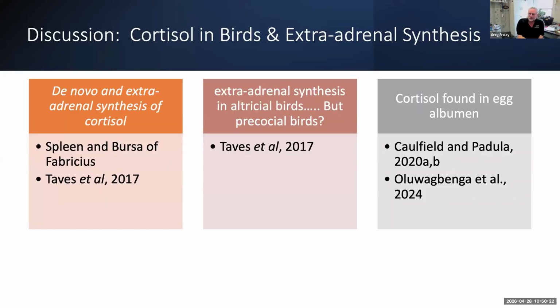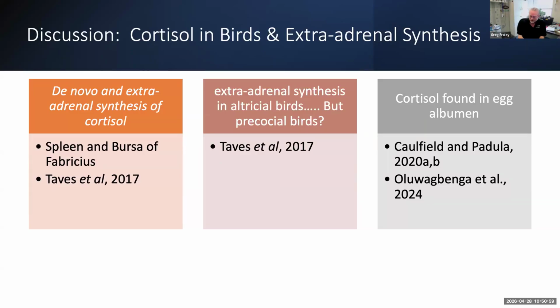And even more recently, there have been studies in Kiran Soma's lab up in Canada where he has shown that cortisol is produced not by the adrenal cortical cells, but in other tissues, in immune tissues. And in response to corticosterone, cortisol is synthesized in these tissues and acts as a paracrine hormone that leads to the reduction in bursa size or thymus size in response to chronic stressors.